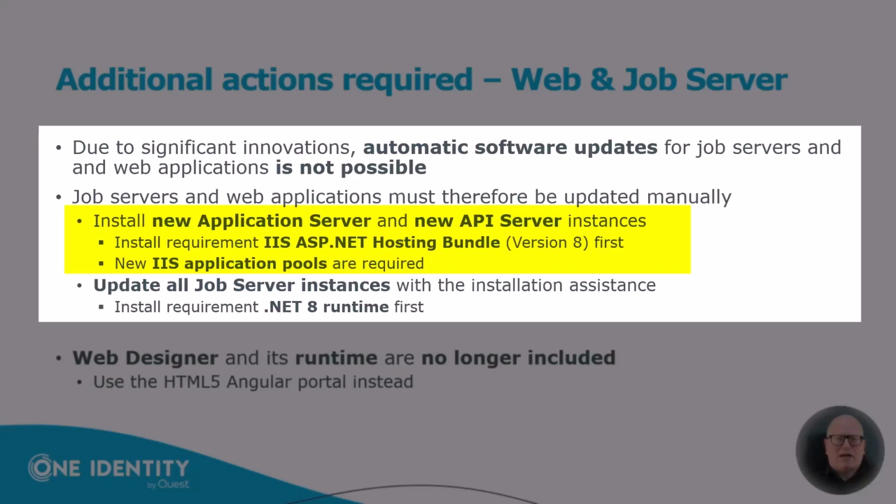First of all, from an IIS perspective, all old application pools need to be deleted. And secondly, you need to install the new prerequisites on a web server, which is the IIS ASP.NET hosting bundle for .NET 8. Once that is done, you can then use the installer like always and install the application server first, then the API server, and you thus have all the web fronts available.